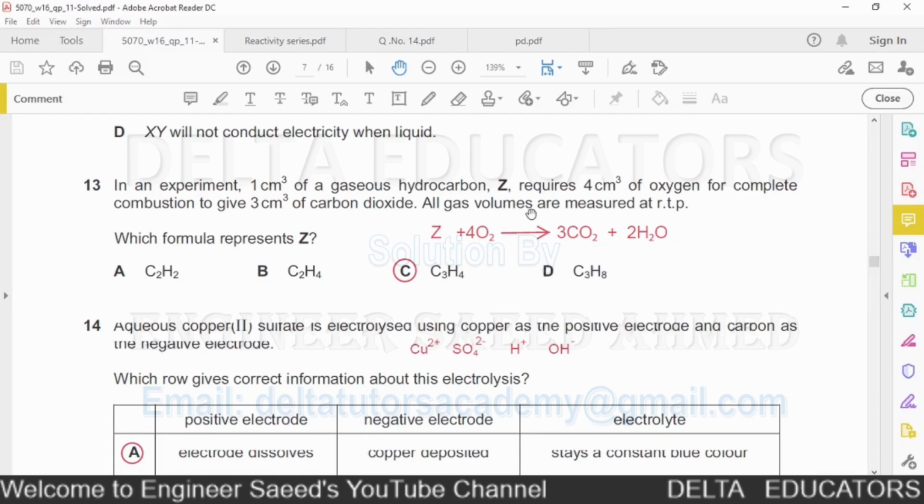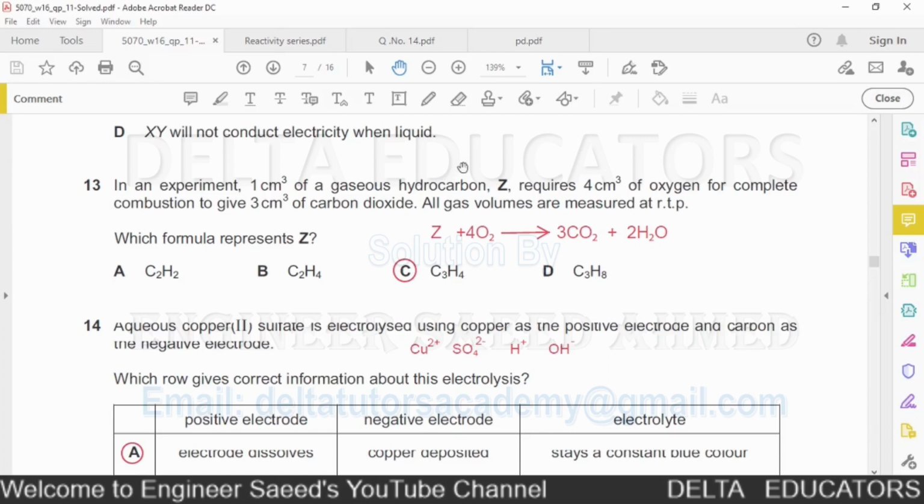Here it is given all gas volumes are measured at room temperature and pressure, which means the mole ratio is equal to the volume ratio. So the volume for Z is 1 centimeter cube, for oxygen it is 4, for carbon dioxide it is 3.